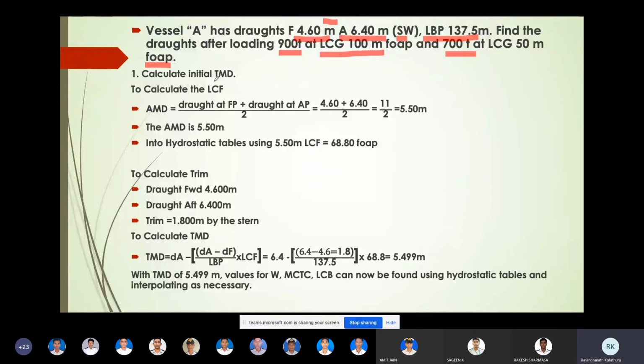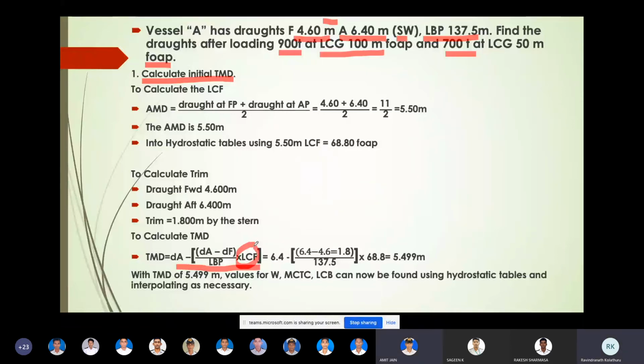The first part is I need to find out the initial TMD, true mean draft, of the vessel. Now what is the TMD formula? Draft aft minus, DA minus DF by LBP into LCF. So this is the formula for finding out TMD. But here LCF is not given to us. Now how do we find LCF when it is not given in the problem?